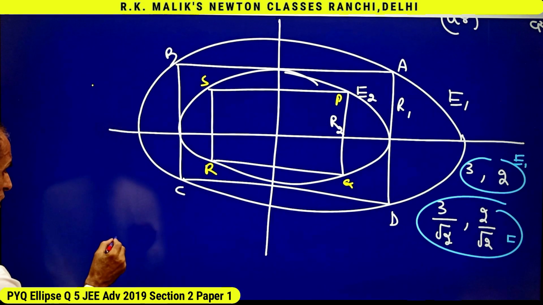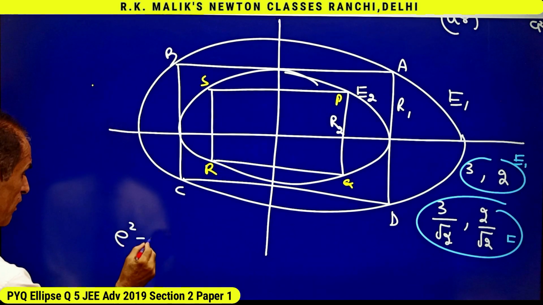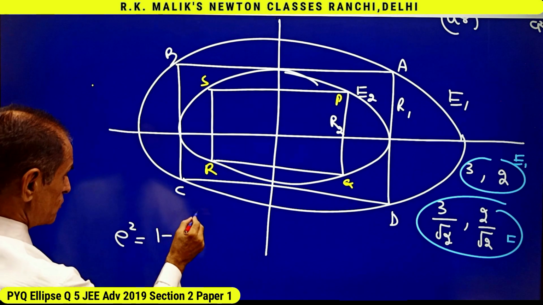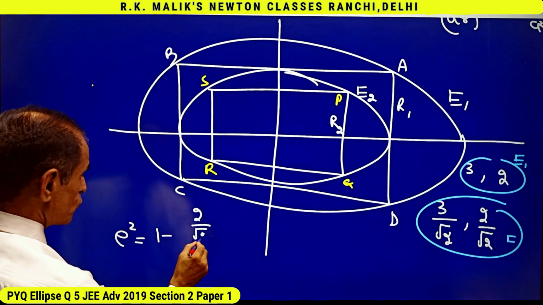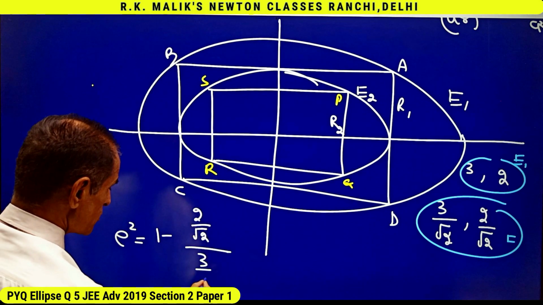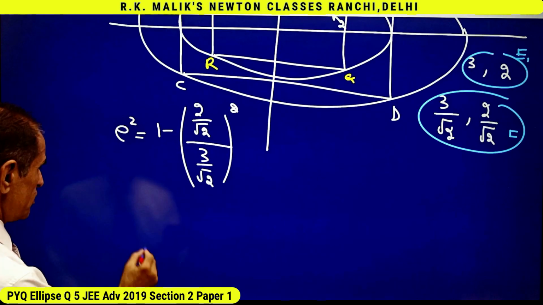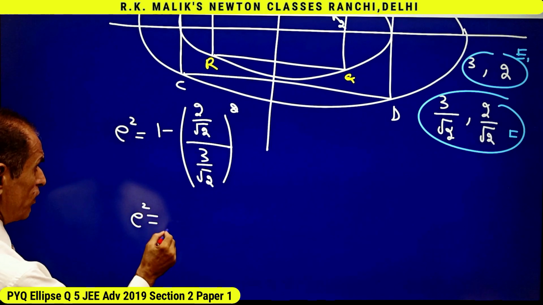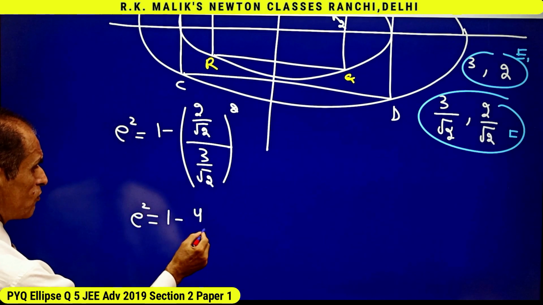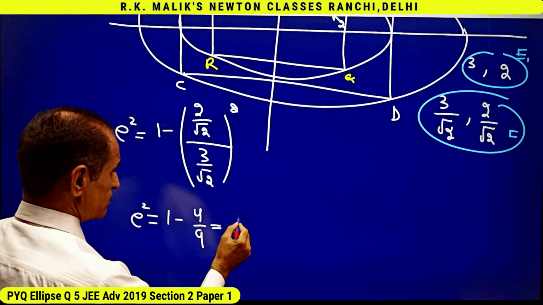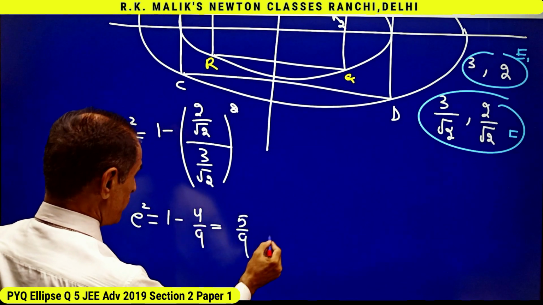or we can say in this way, the eccentricity of ellipse E2 is obtained by e square equal to 1 minus 2 by root 2 whole square upon 3 by root 2 whole square, that is e square equal to 1 minus 4 by 9, that is 5 by 9.